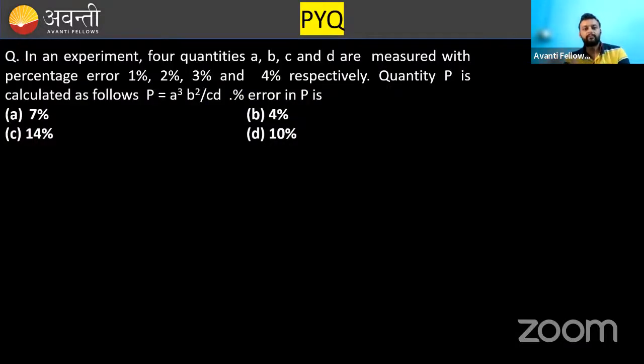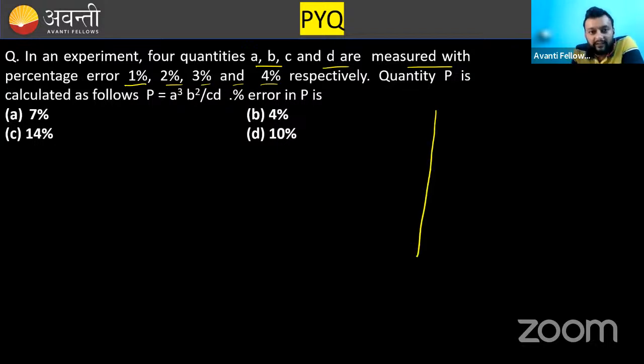Now there is a question. By a question, we can understand the things. In an experiment, 4 quantities A, B, C, and D are measured with percentage errors of 1, 2, 3, and 4% respectively. First of all, I will explain how a percentage error can be written.